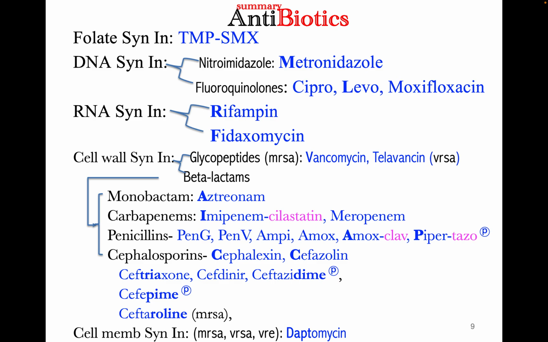Anaerobes have ferredoxin, iron containing. So this enzyme is going to activate metronidazole, so that metronidazole is going to chop the DNA of the bacteria, okay? That is the mechanism of action.